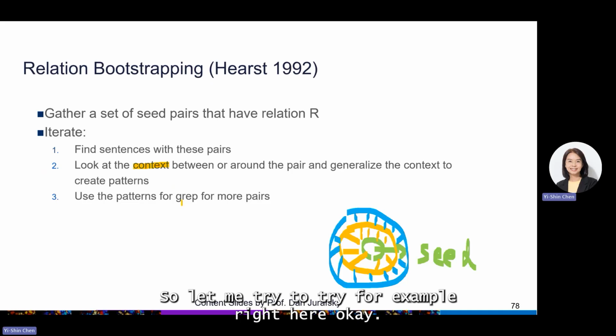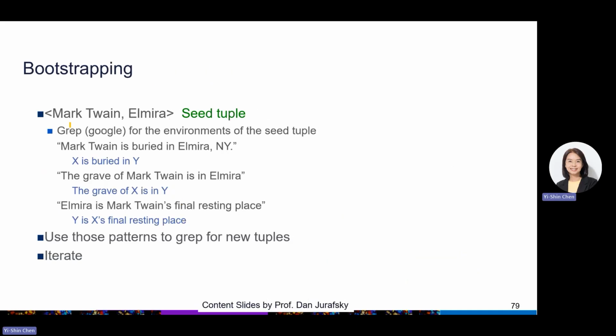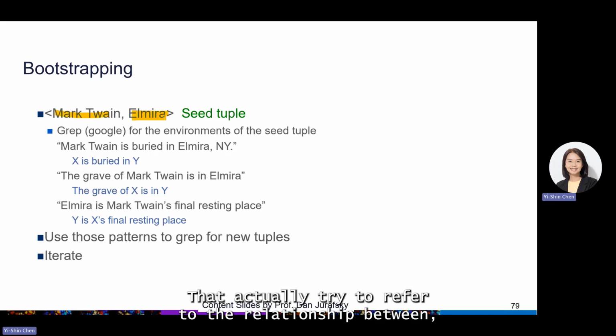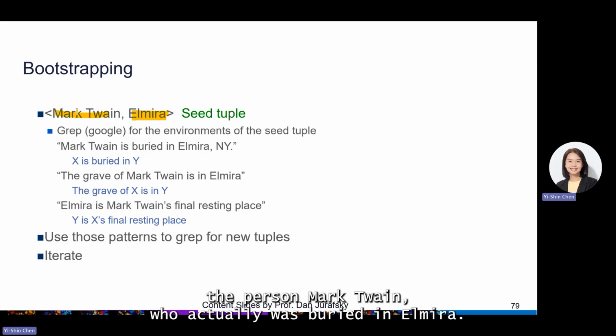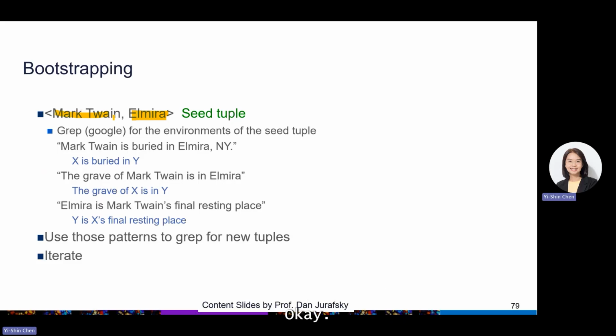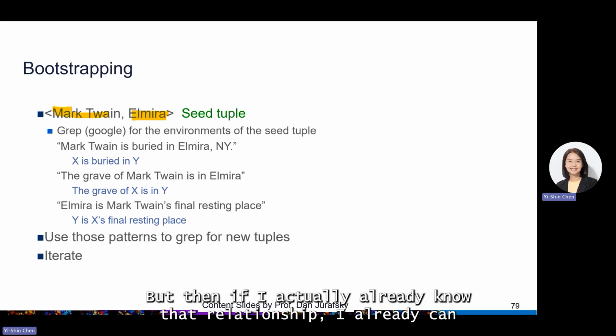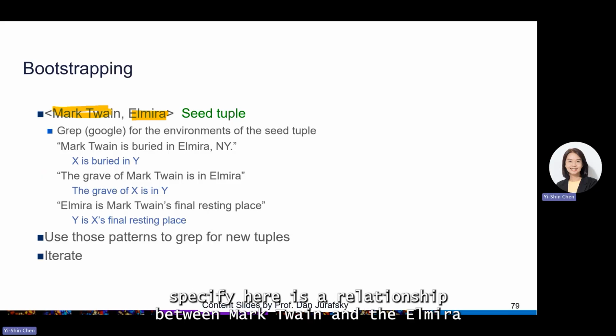So let me try to utilize an example right here. Assume I have a seed tuple called Mark Twain and Elmira, which refers to the relationship between the person, Mark Twain, and where he was buried, Elmira. Since I already know that relationship, I can specify it.